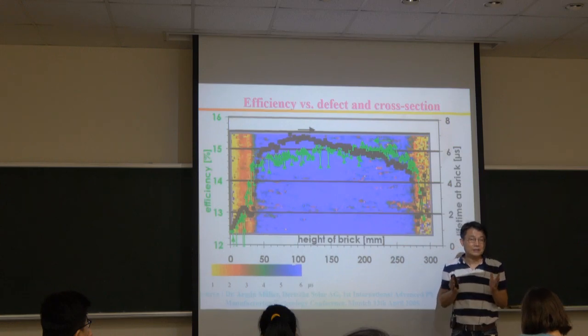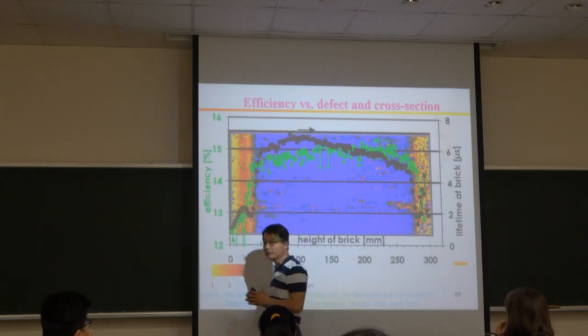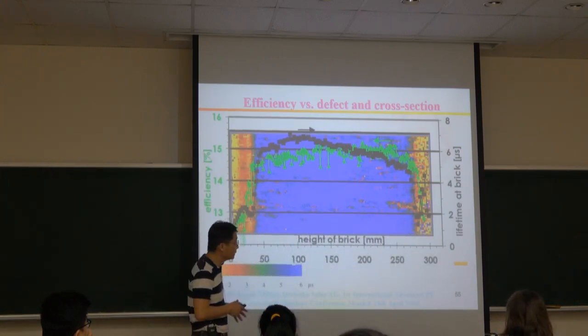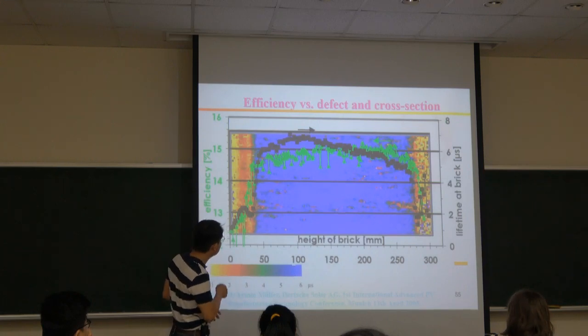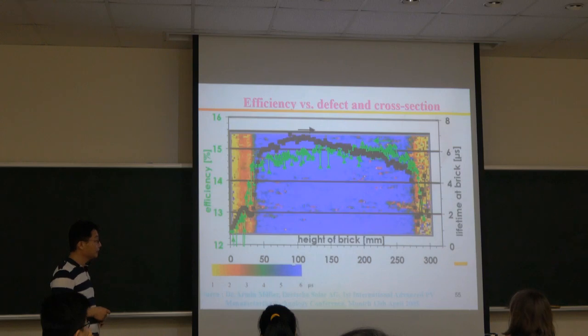Okay. So this is the situation where the polycrystalline silicon could lose some of the parts, and we need to cut it.